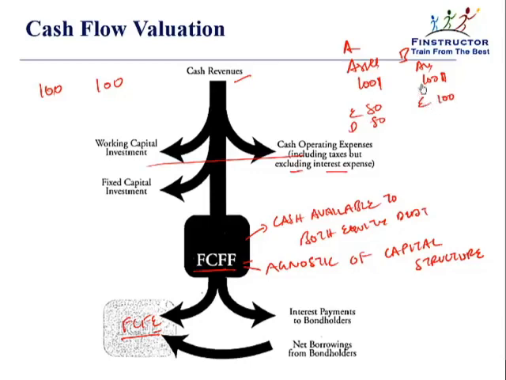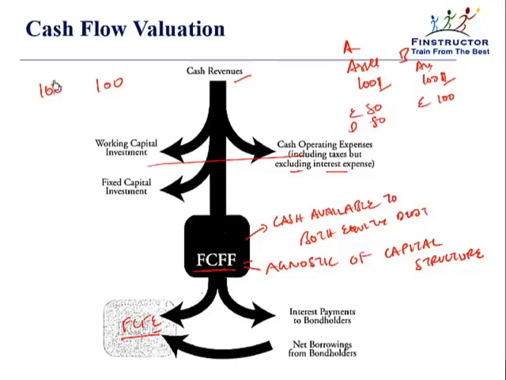Then the free cash flow to equity may differ for these two companies, but the free cash flow to firm will exactly be the same as long as this asset exactly is the same. If the asset is the same, so it's the same plant, it's a cement plant, let's assume, in the same region with the same technology and the same sort of distribution and marketing network.